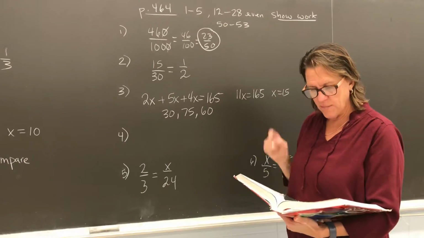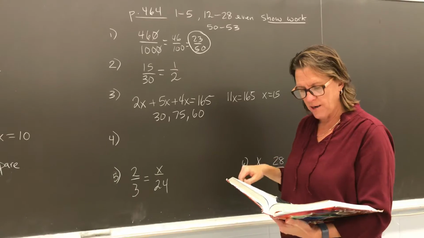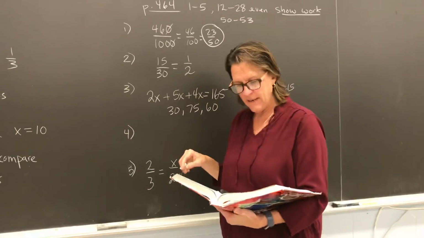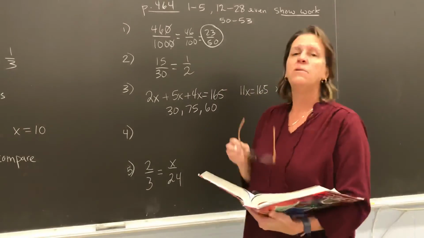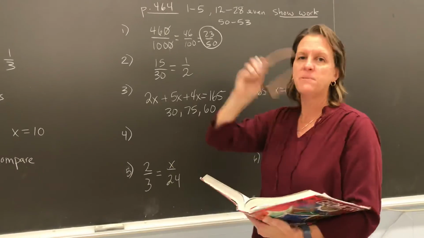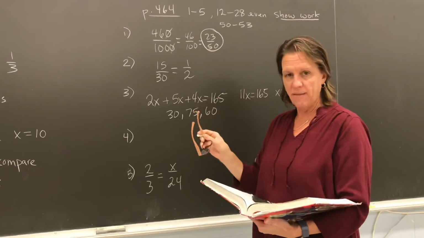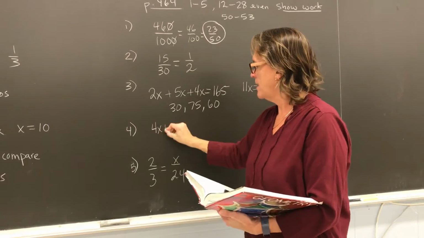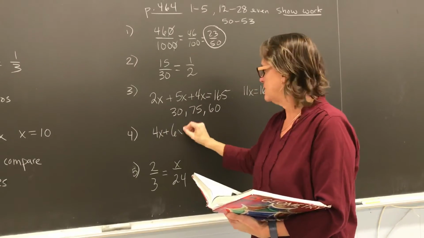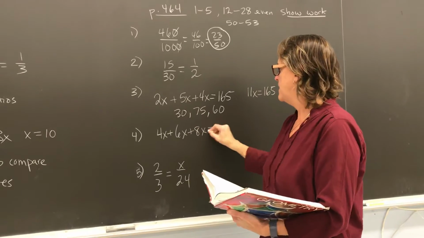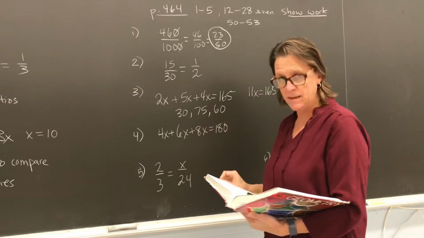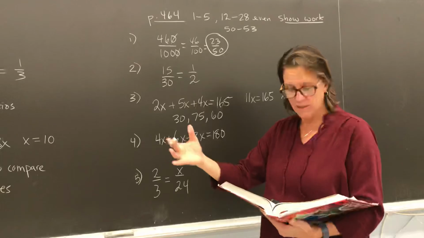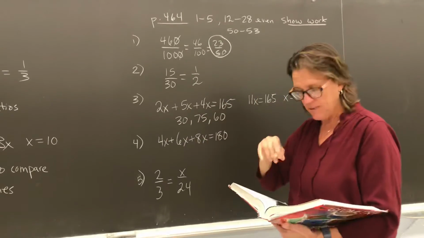The ratio of the measures of 3 angles of a triangle is 4, 6, and 8. Find the measure of each angle. Well, you remember how many degrees add up to be in a triangle? It's 180, right? So since I'm finding angles, I write 4x plus 6x plus 8x equals 180, okay? I only set it equal to 180 when it's a triangle and I'm looking for angles.